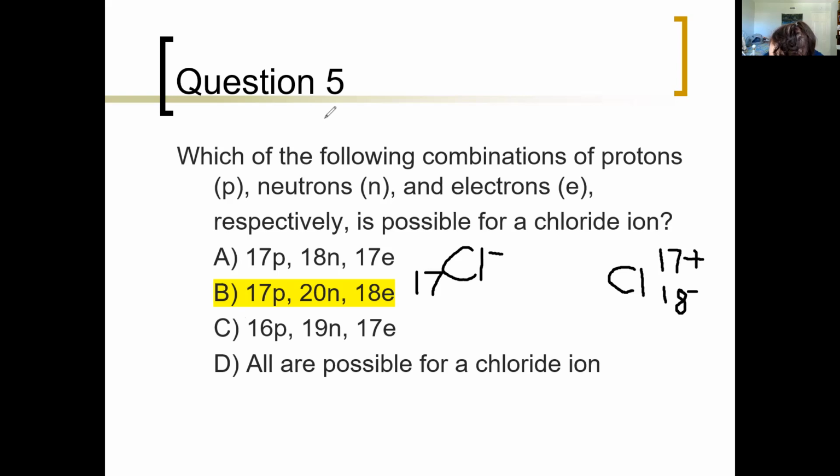If we have to have 18 electrons, then this is not a possibility because we need 17 protons from the periodic table. This one's a possibility because of isotopes. If I've got 17 protons and 20 neutrons, this would be an isotope.